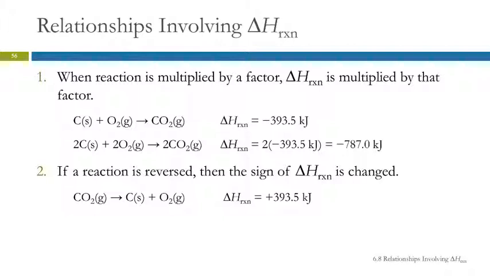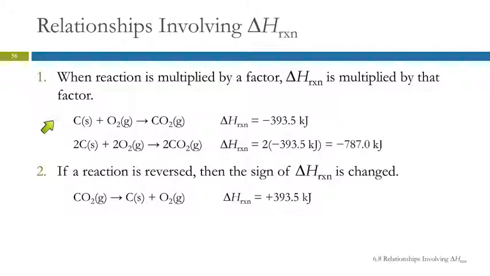Okay? If we take that reaction and run it in the other direction, energy is conserved, the energy of the universe is constant, so I can't create or lose energy just by running a reaction forward and backwards. So if it takes this much energy to go forwards, then it must release that much going backwards.